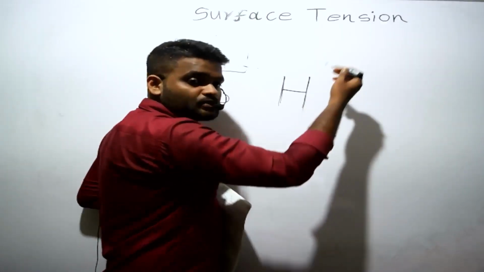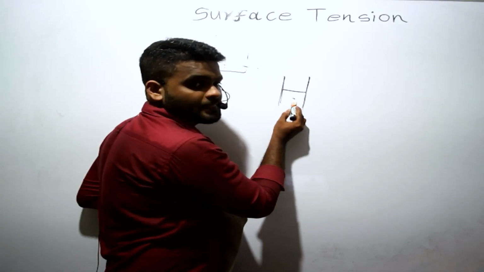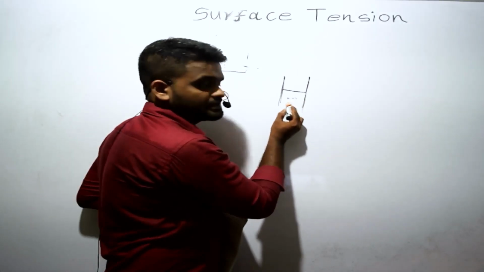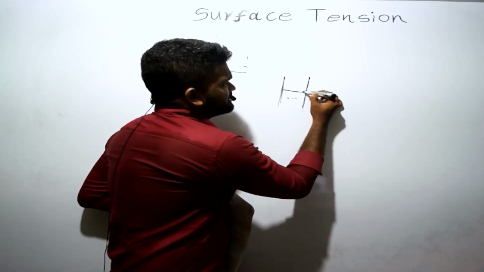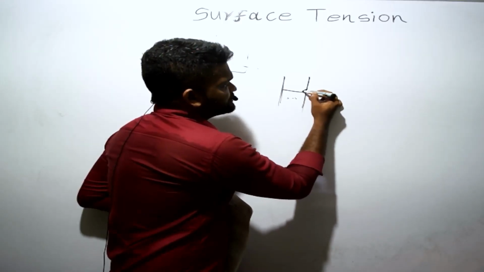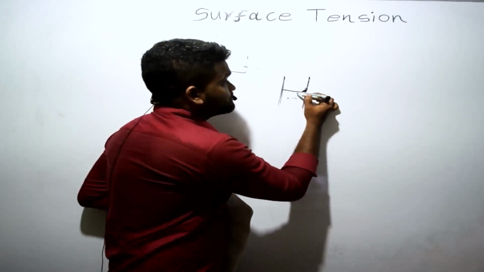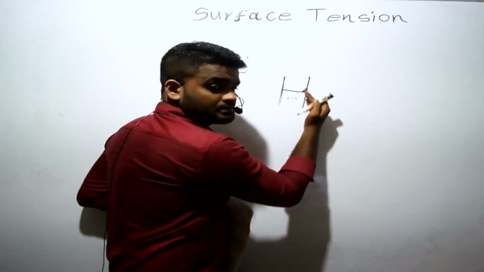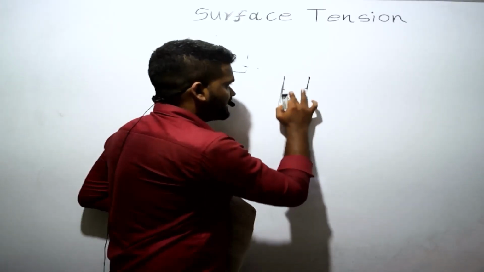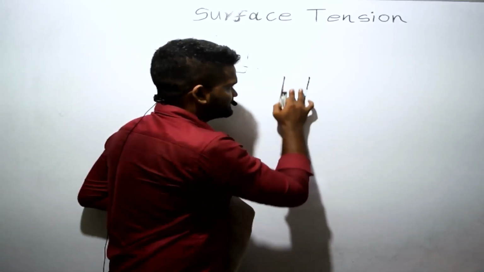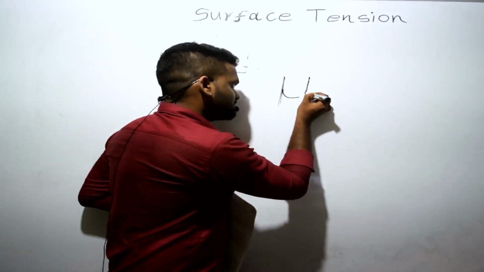They are much stronger than cohesive forces between benzene particles. So what happens? These particles are attracted strongly to the glass, so they tend to climb over the glass surface. And finally this takes a kind of hemispherical shape.